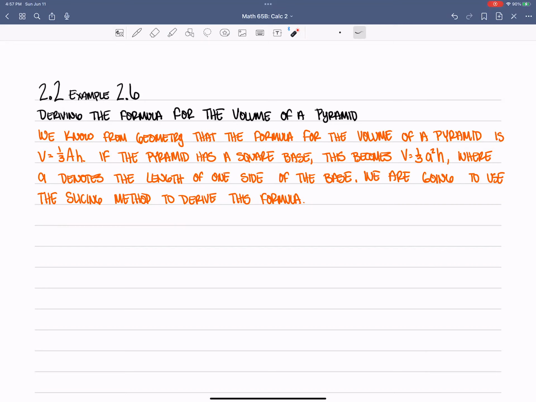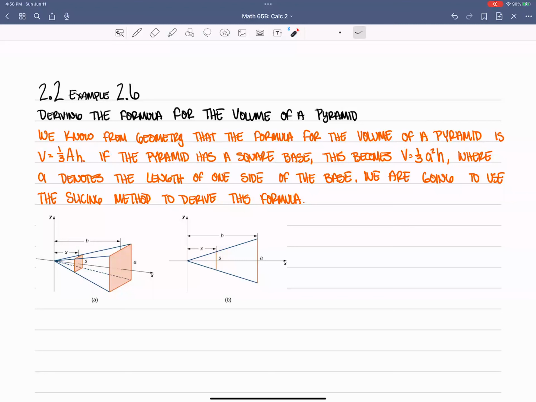So we are going to use the slicing method to derive this formula. Let me get a picture for you so you can see it a little better. So what we have here is our pyramid in 3-space. And we have our cross section here.